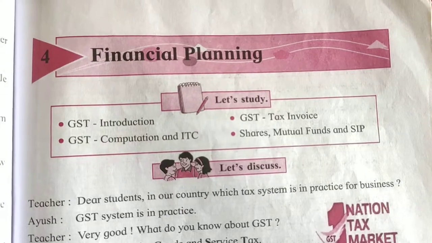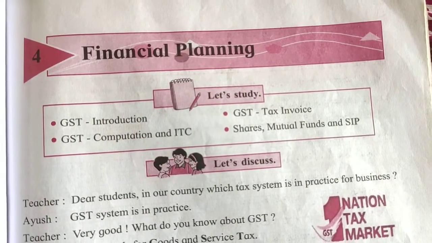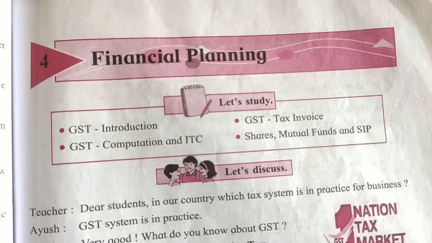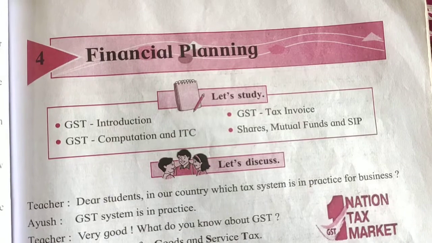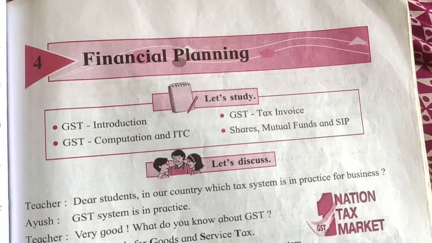In the previous class, we completed chapter 3, arithmetic progression. Today I am going to start lesson number 4, financial planning. Already we have learned something about financial planning in ninth class.